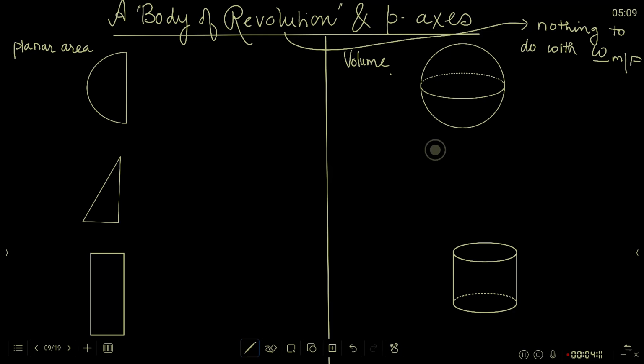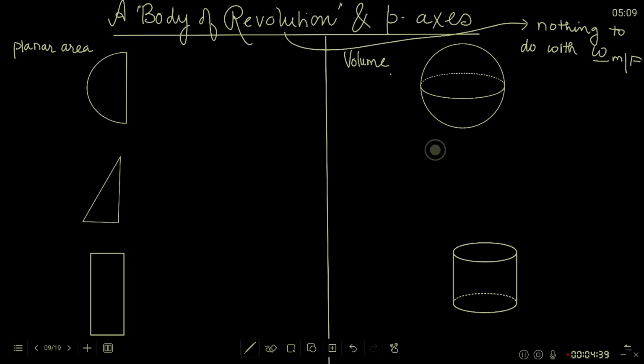How a volume can be generated using a planar area by this process of revolving. So the word revolving has to do with the process by which a planar area can be converted geometrically into a volume. Okay, that's the scope of the word revolution. So let's focus on this scope only.